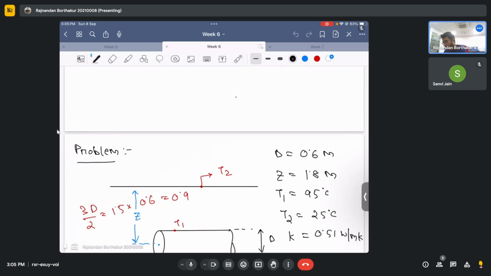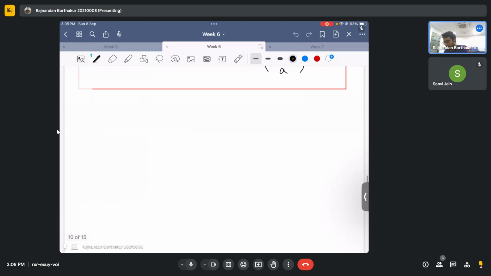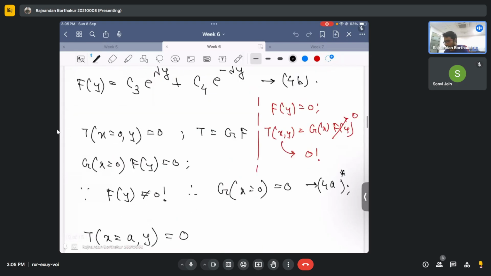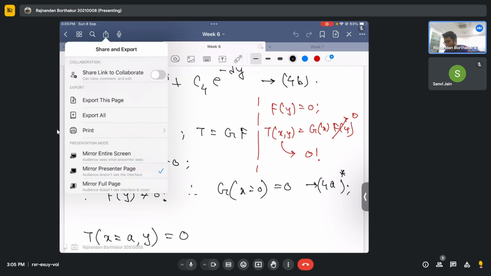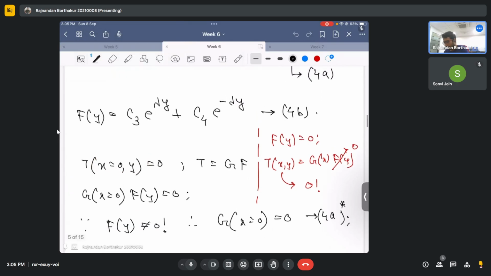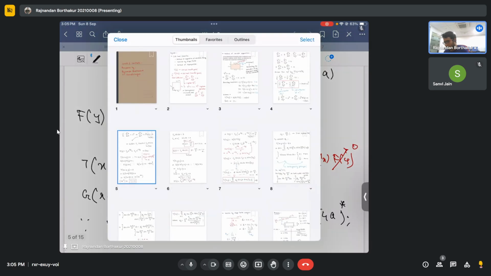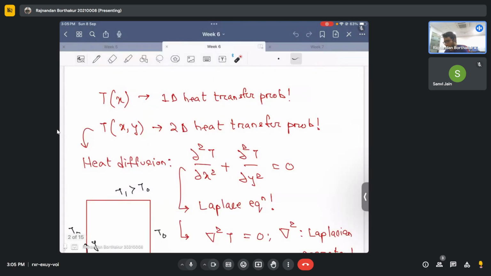And so what we saw is basically something known as 2D heat transfer. Until the last class, we mostly dealt with one-dimensional heat transfer, where the direction of heat transfer or the heat flux was in one dimension.